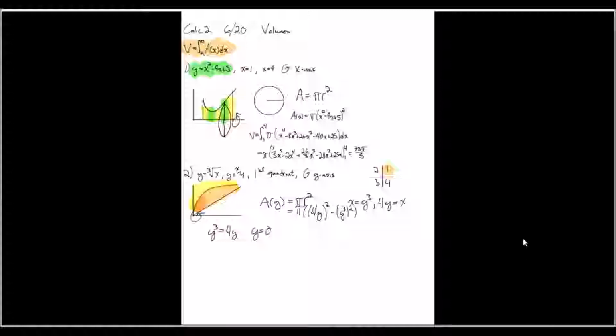Then I can divide both sides by y, so I've got y squared equals 4, and that's going to give me y is plus or minus 2. But remember that I'm only looking in the first quadrant, so I should only be looking at positive 2, right? So we're going to be going from 0 to 2.